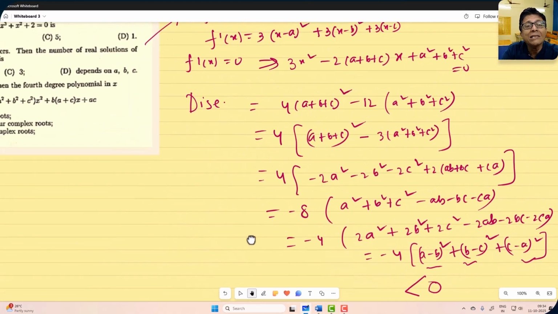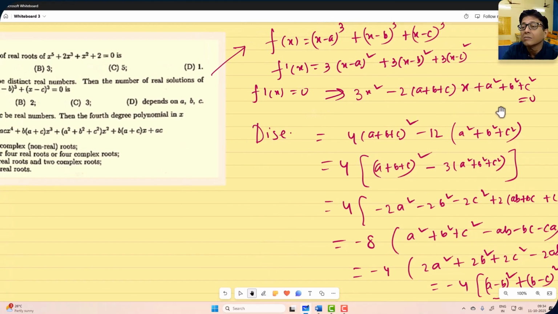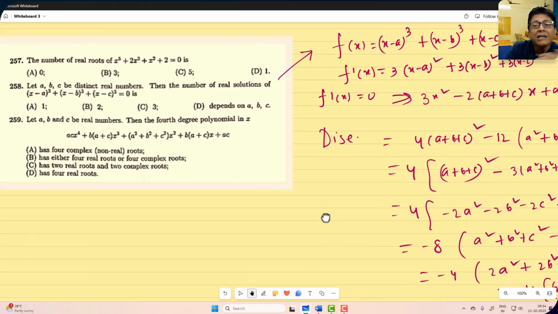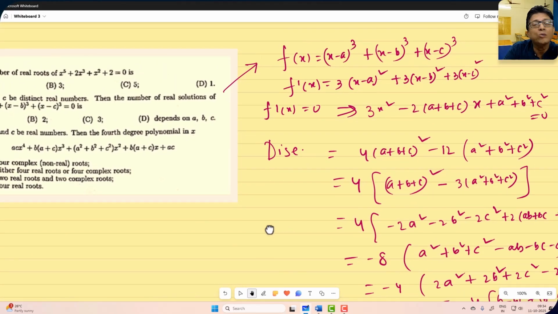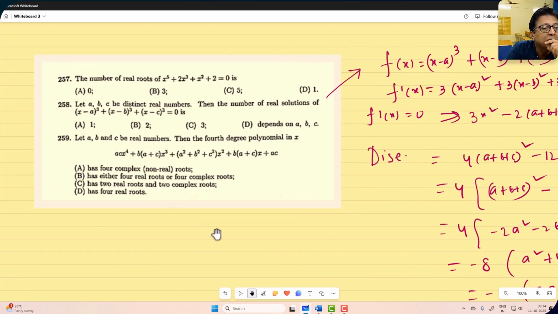Now what you observe? That f dash x has discriminant less than 0. N is a real number, but f dash x discriminant less than 0 means f dash x has no real root. f dash x equal to 0 has all complex roots. What about fx? It's a cubic equation.